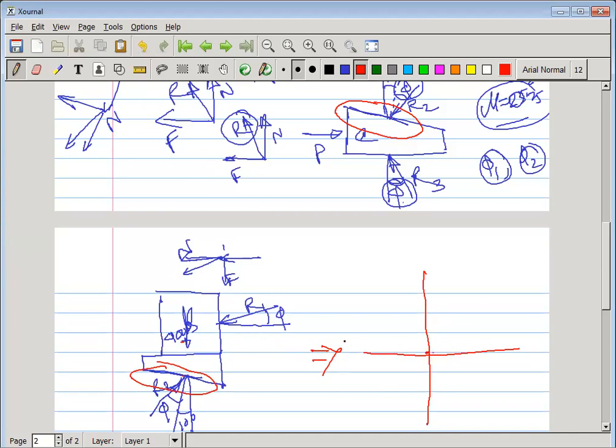For this one first, here it is given 400 pounds, that is R1, that is phi, and phi is nothing but the tan inverse of 0.25, right? So how much is tan inverse of 0.25?